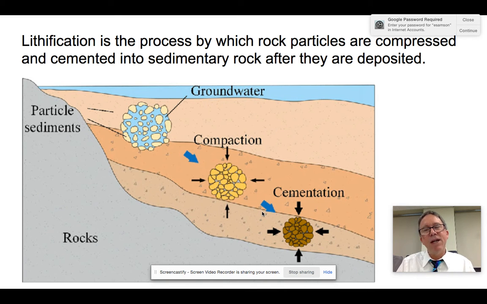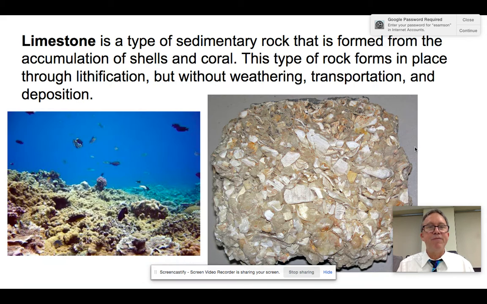And then over time, minerals begin to form, things that were ionic compounds, like calcium carbonate, for instance, or silicon oxides. They'll come out of solution and they'll glue it together in a process called cementation.